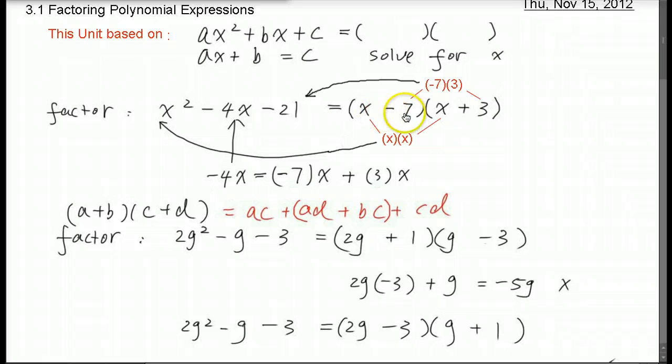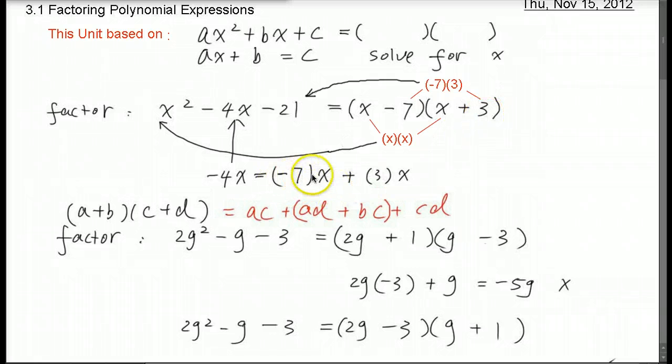Of course, based on these two rules, you can switch the negative 7 and 3, and it becomes a different result. The third thing you have to check is AD plus BC, which applied here is negative 7 multiplied by x, plus x multiplied by the positive 3.